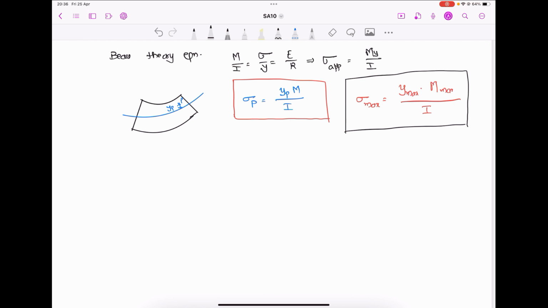M maximum can be found out from the loading. I is constant for a given shape, and Y maximum is the distance of a particular fiber, the extreme fiber, from the neutral axis, that is Y maximum. Then we will get the maximum stress as the maximum bending stress applied at a particular point.